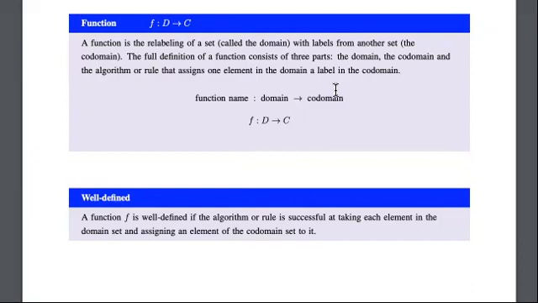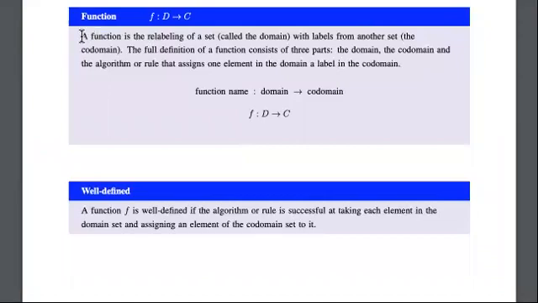So a function is a relabeling of a set. So you take labels in the domain and you play with them a little bit, and if something is labeled with something in the domain, then the function is a rule that says, well, wait a minute, let's relabel it with this other thing that's in the codomain over here.